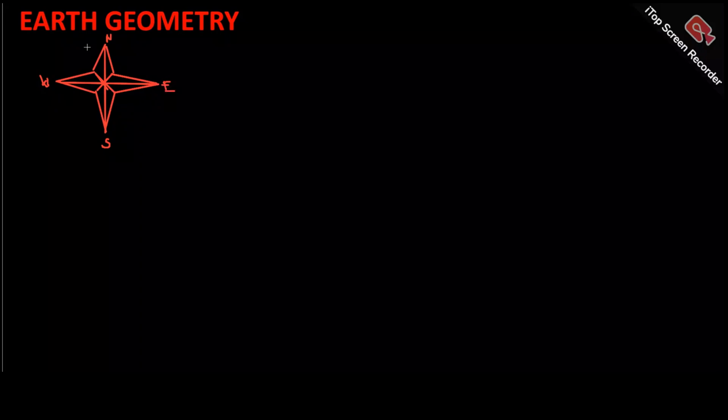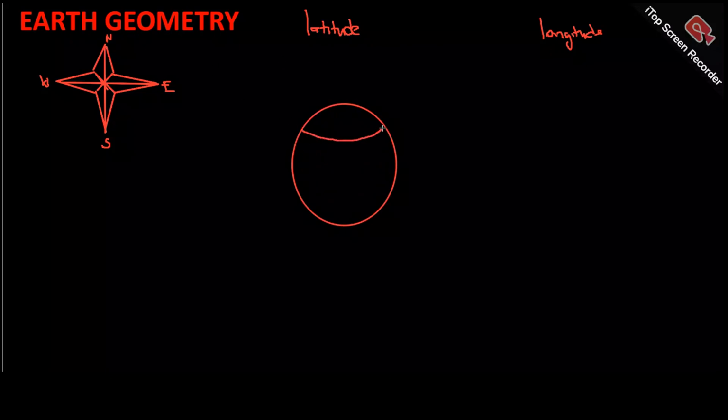This is the compass. Now, we're supposed to know what lines are on the surface of the earth. That's very important, and there are just two lines: the latitudes and the longitudes. The latitudes are lines running from west to east.